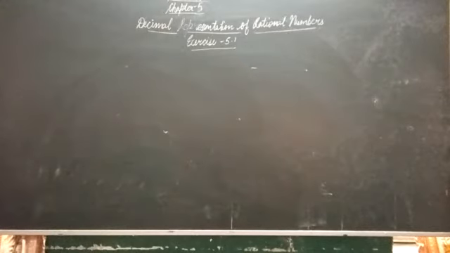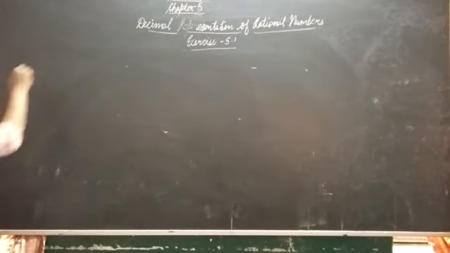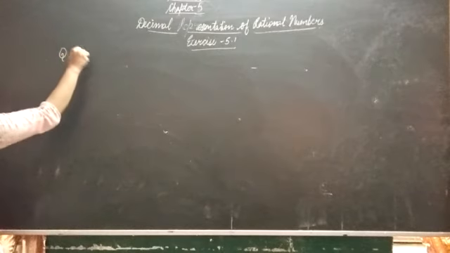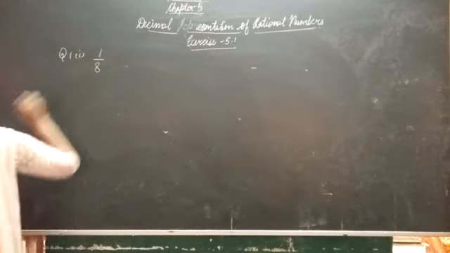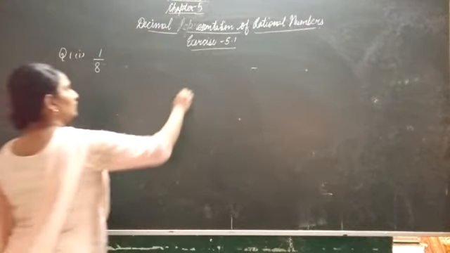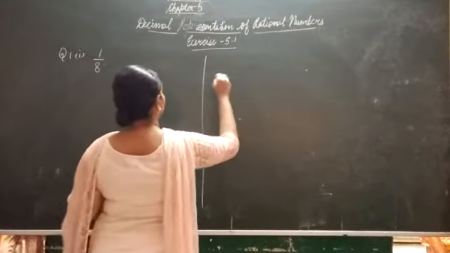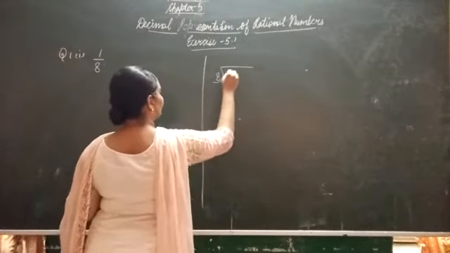So, in this question, we will use the division method. Take its first part, that is 1 upon 8. To change it to decimal representation, we will divide it.